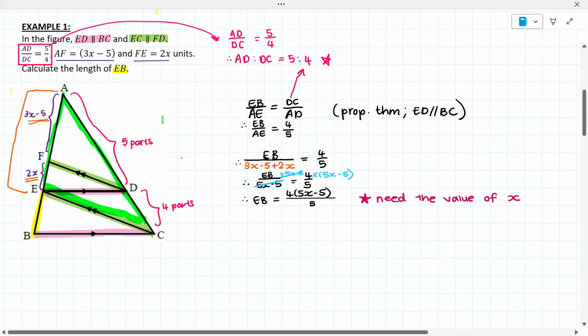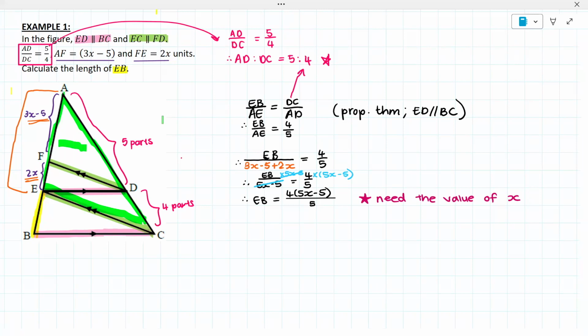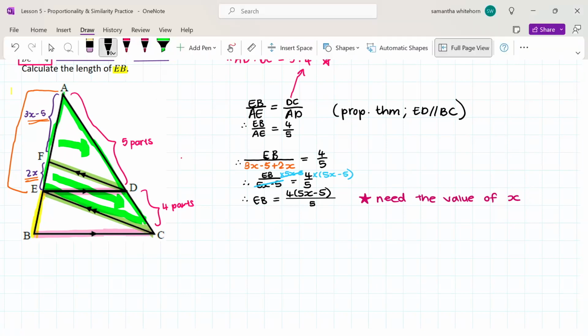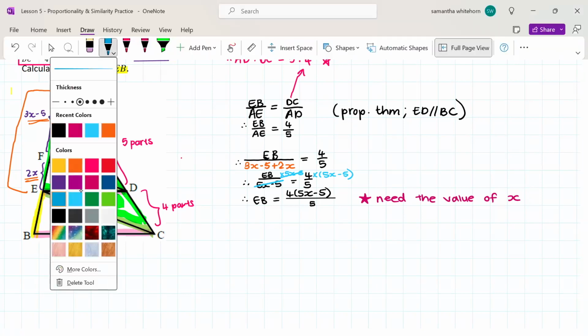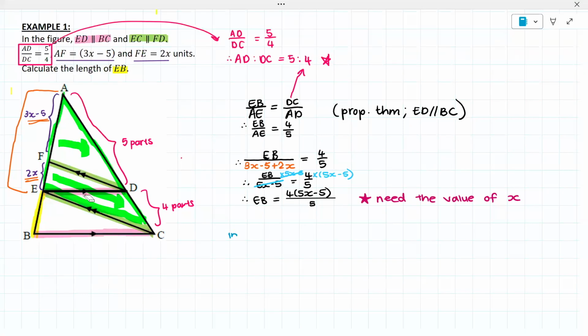So there's a slanted looking triangle over there. Now, if you have a look, AF in that green triangle corresponds with AD, and FE in that green triangle corresponds with DC. AF and FE are all in terms of x, and we know what the ratio of AD to DC is. And what that allows me to do is go and solve for x. So in that triangle, I'm even going to put a little note here that I'm working in triangle ABC.